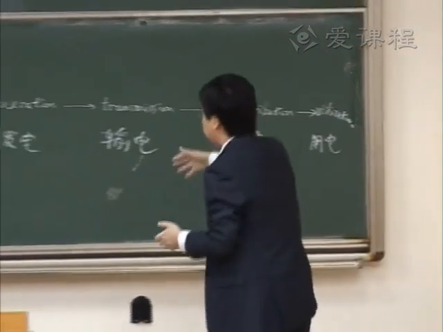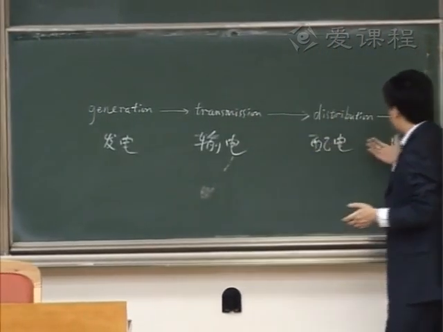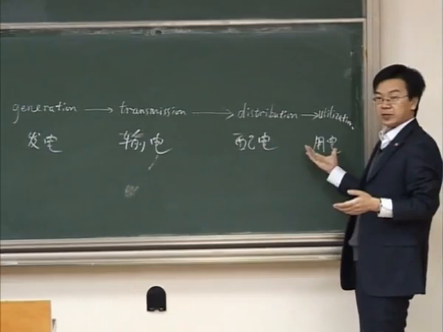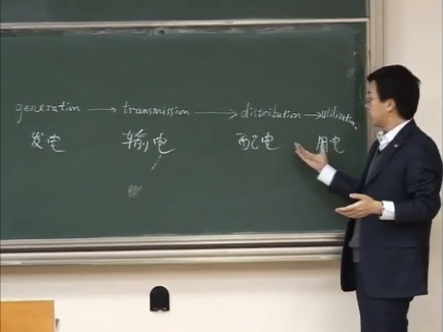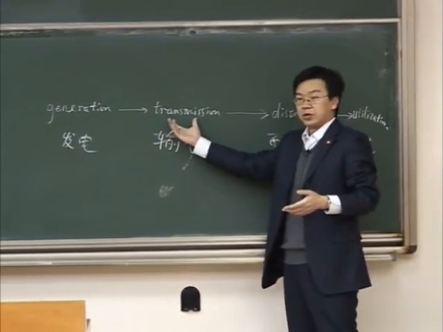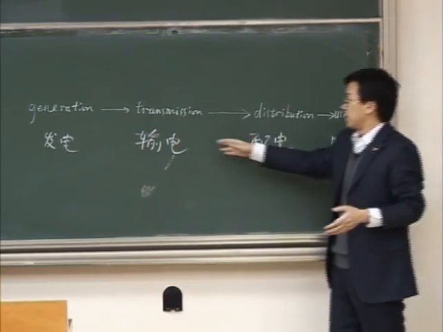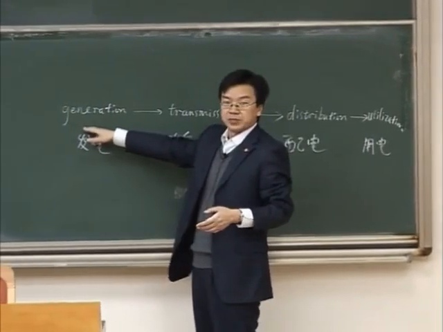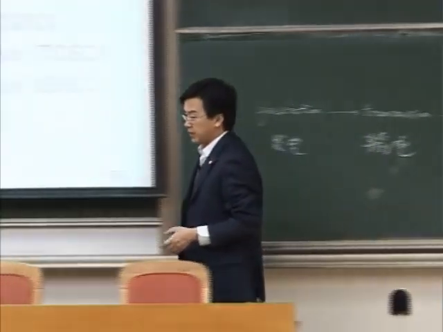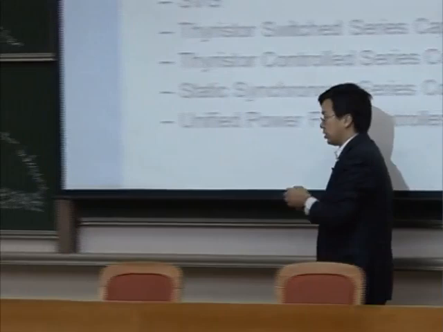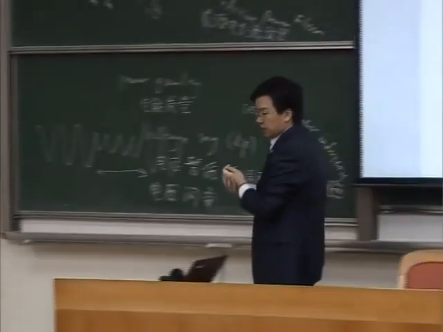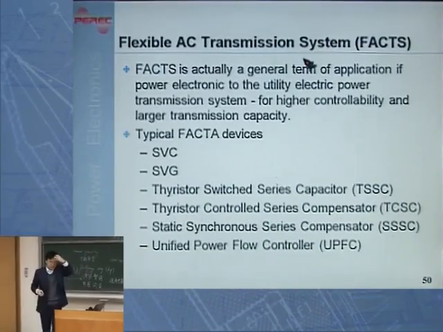And power converters can be applied not only to utilization, where we can make much better use of that energy, but also to the transmission system, the distribution system, and even the generation system. So power converters can be applied to all the different stages of power systems.